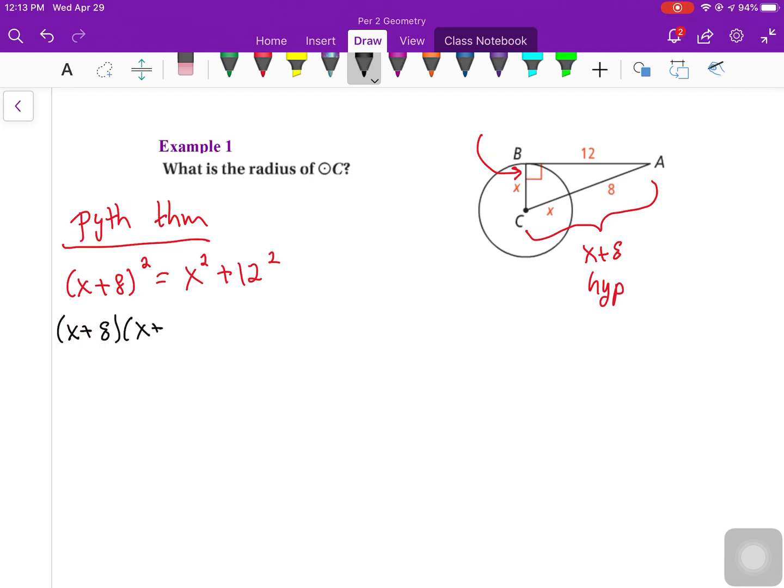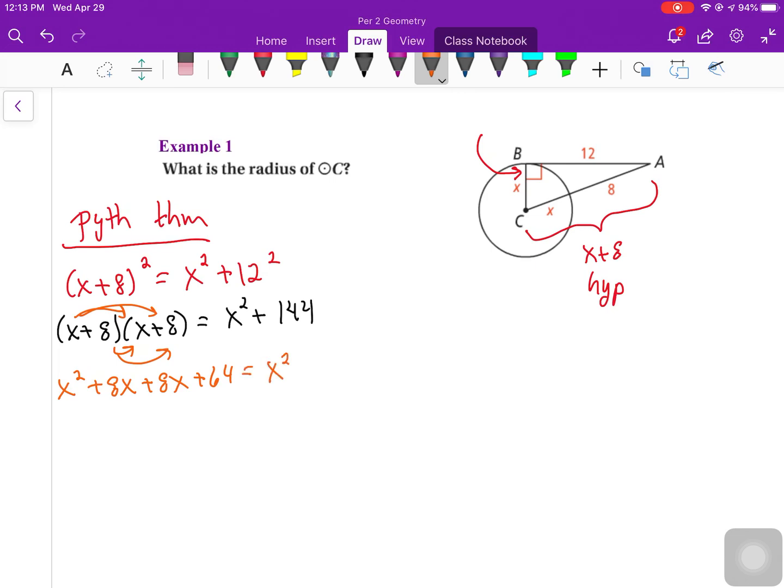We reviewed the algebra that's used here. We know that x plus 8 squared means x plus 8 times x plus 8. 12 squared is 144. Squaring on that left side, we have x times x, which is x squared, x times 8, which is 8x, 8 times x, which is another 8x, and then 8 times 8, which is 64.